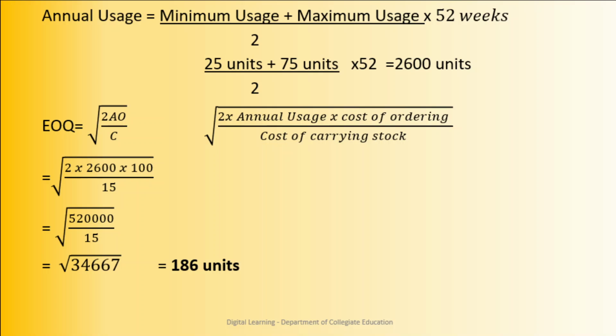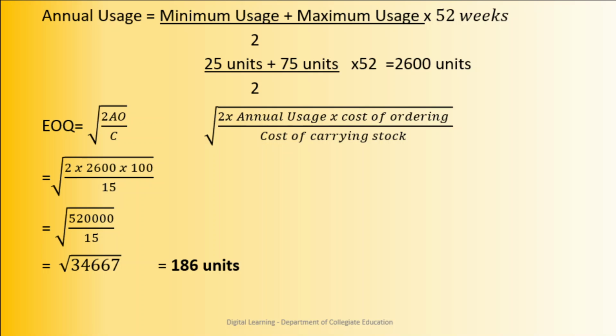We apply the formula here: minimum usage plus maximum usage divided by 2 into 52 weeks. Why do I multiply the calculation by 52 weeks here? Because the usage of material per week is given in the problem, and we would like to know the annual usage of material per annum.